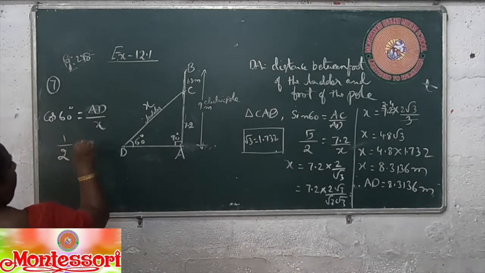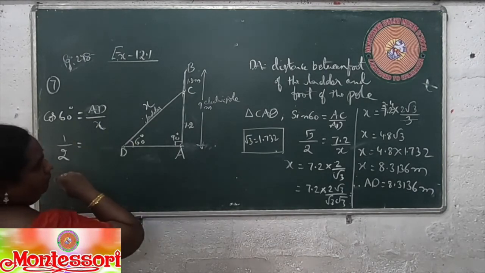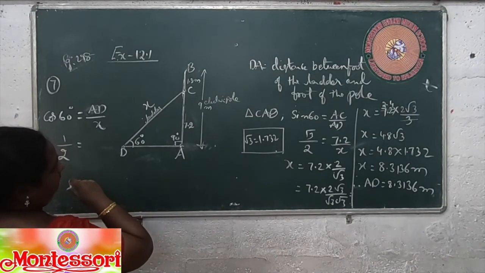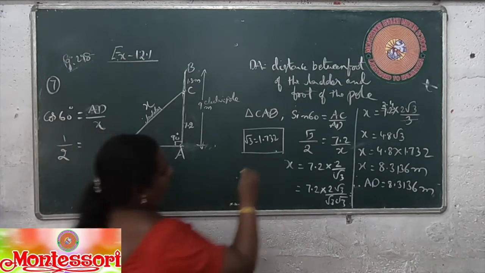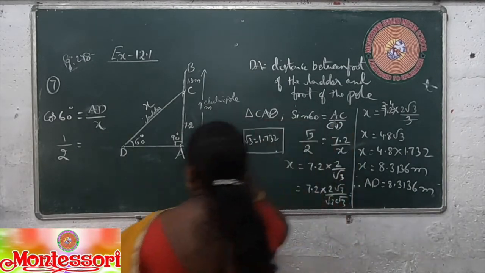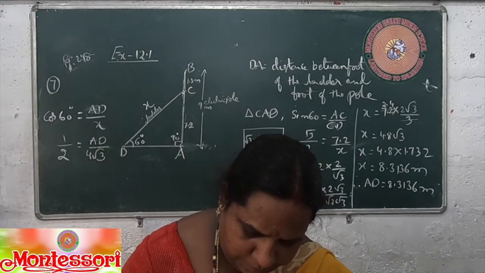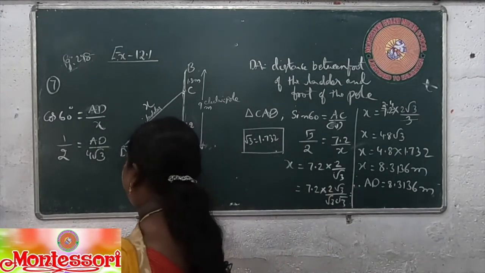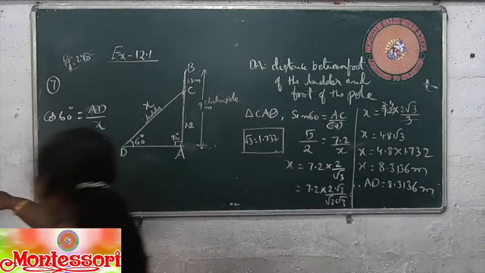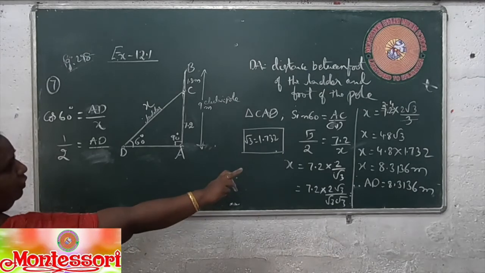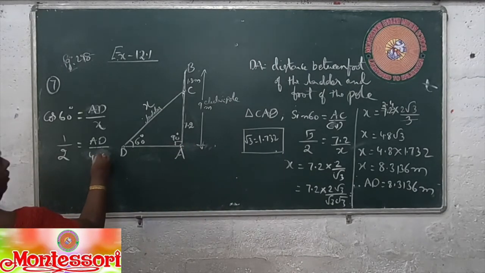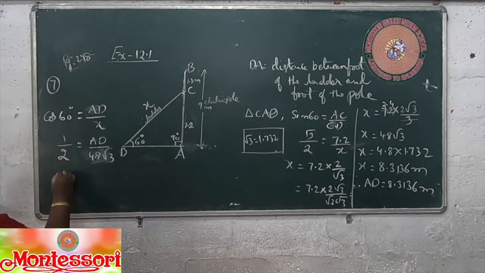Cos 60 value is half. So 4.8 root 3 by 2 is 2.4 root 3.